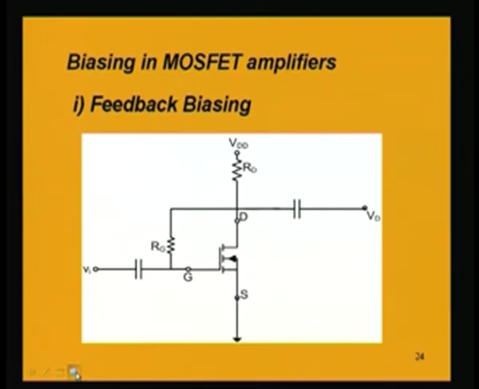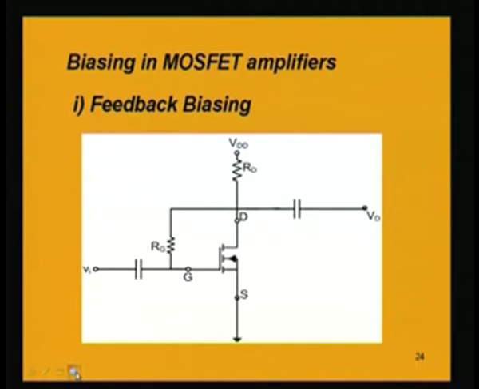First method that we are going to discuss is the feedback biasing method. It is similar to the methods of biasing which were used in BJT. So, if we have understood the biasing in BJT, then it will not be difficult to understand, because it is in the similar way. Even without discussing much, we can understand the biasing methods.